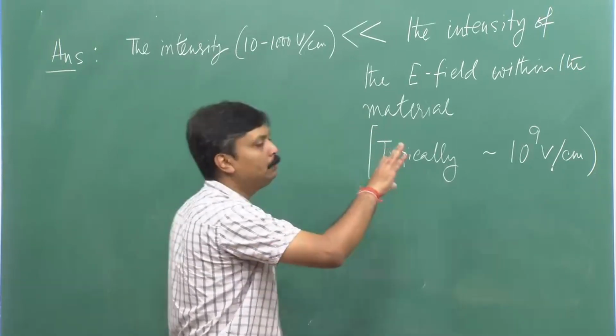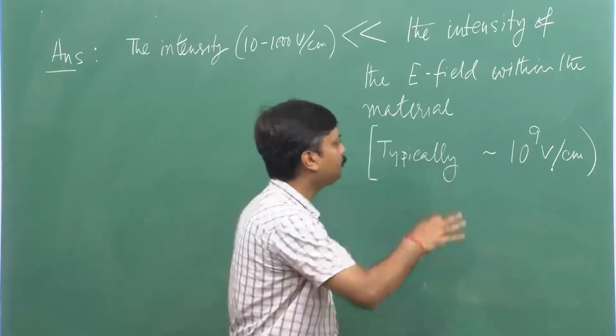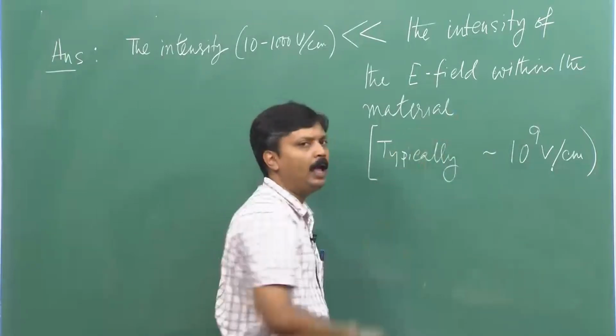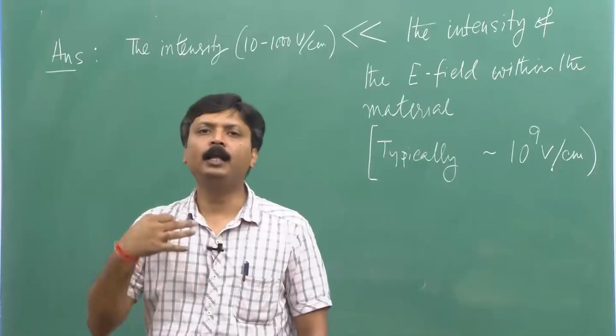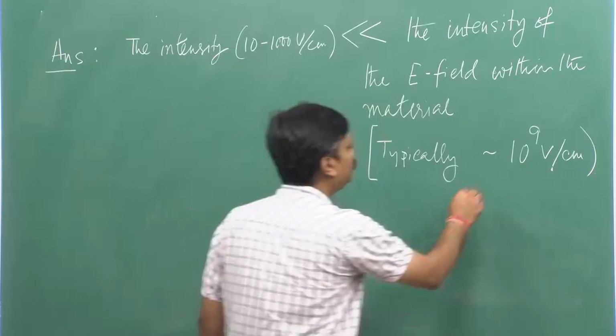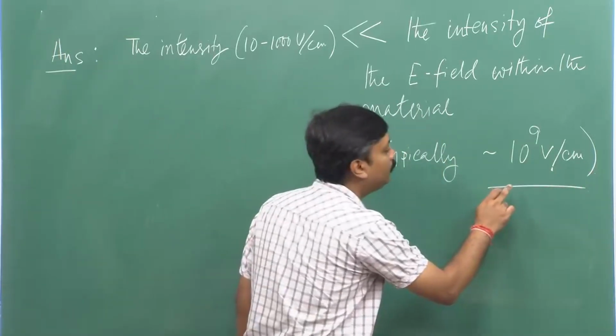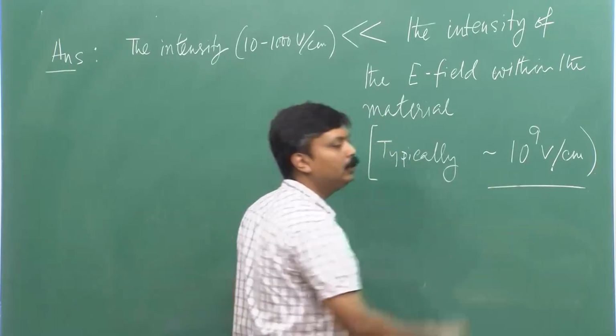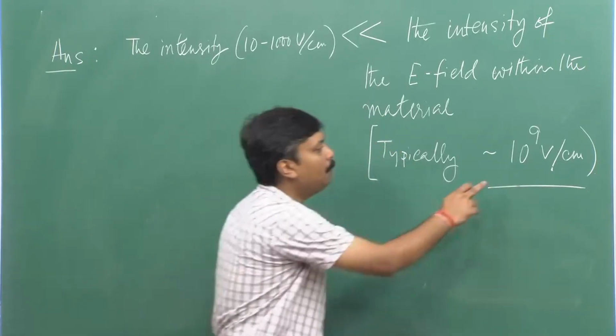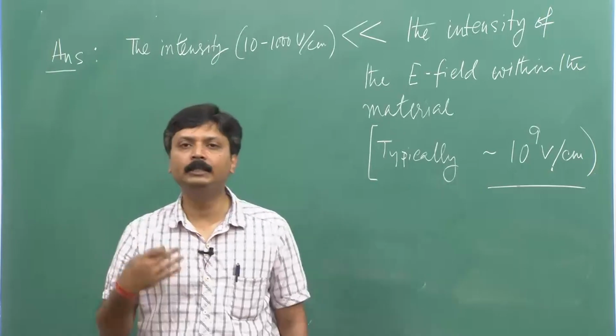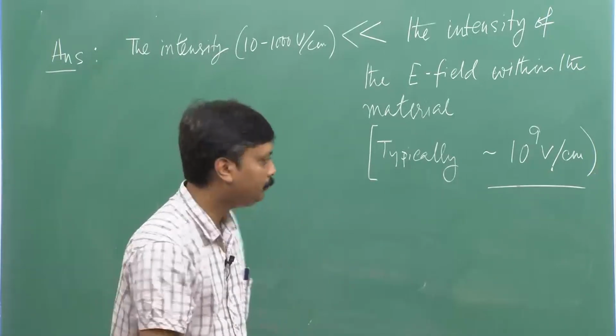The electrons are bound to the nucleus, and you have the associated electric field intensity of this sort. Until and unless I can give an input of the order of this number, I cannot change any property of the matter.